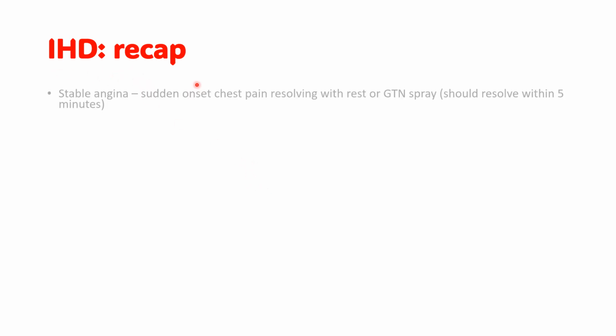First of all, we can do a recap of ischemic heart disease, looking mainly at some definitions. We've got stable angina, which is sudden onset chest pain resolving with rest or GTN spray. The pain should resolve within 5 minutes, and you shouldn't have pain at rest. It's typically brought on by exertion.